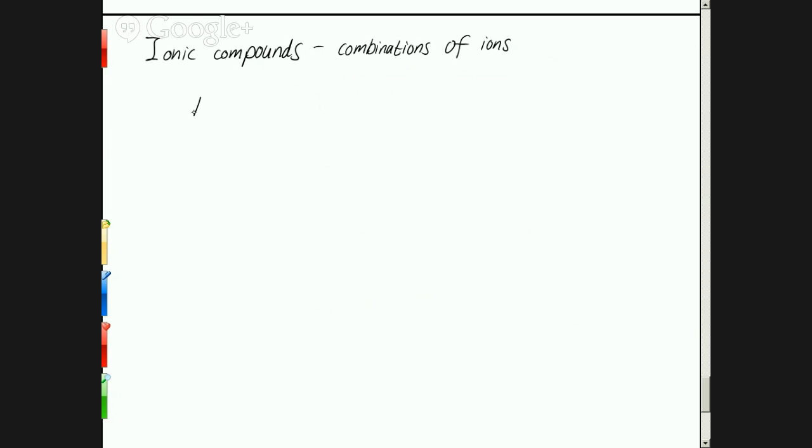So when you have sodium ions and chloride ions together, you have a compound that we call sodium chloride, and we denote it as NaCl. So we don't actually draw the charges in when we're talking about the chemical formula for an ionic compound.